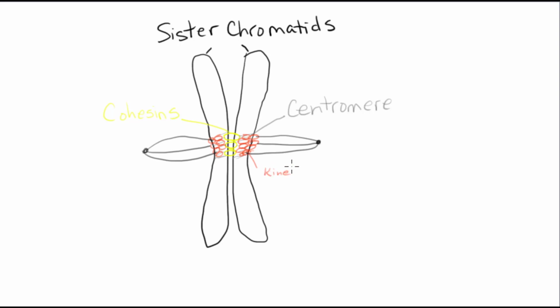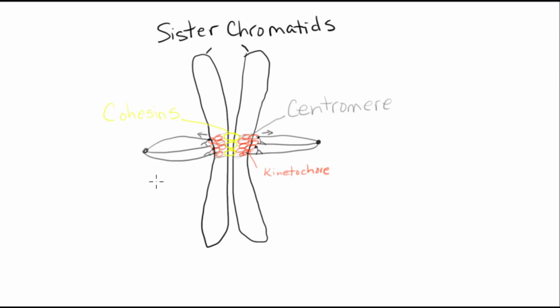And if you recall from earlier in the semester, you'll remember that the way that transport happens down these microtubules is through the activity of motor proteins. So we have to imagine these little motor proteins that are walking along these microtubules, and they're going to be connecting up with these kinetochore proteins. And when the cell is ready for these two sister chromatids to be separated from one another, these motor proteins are going to be pulling in opposite directions towards the opposite poles of the cell from which the microtubules are radiating.